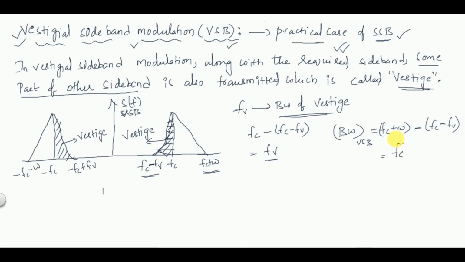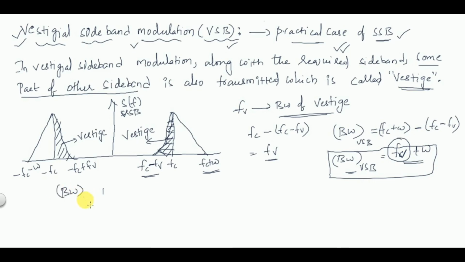So FC plus W minus FC minus FV, the FC gets cancelled, and you have FV plus W. So the bandwidth of vestigial sideband is equal to FV plus W. W is the bandwidth of the SSB signal, and some vestige is also added, so that bandwidth is also added in the case of VSB.